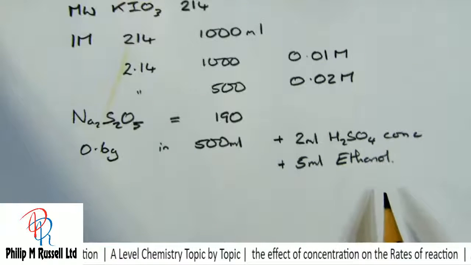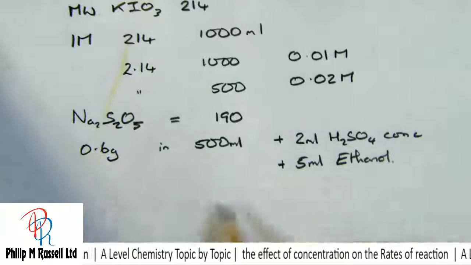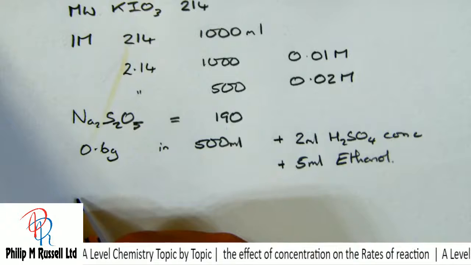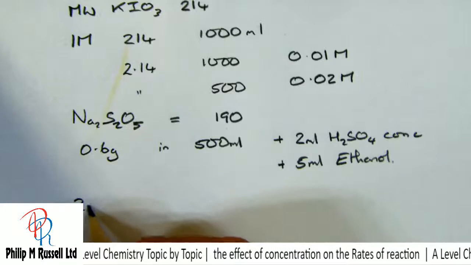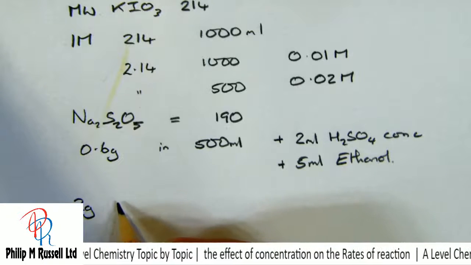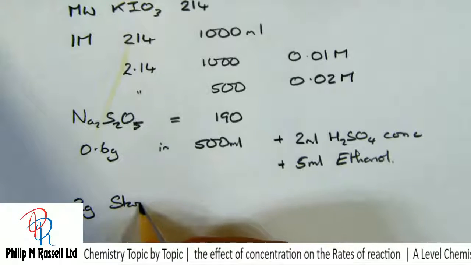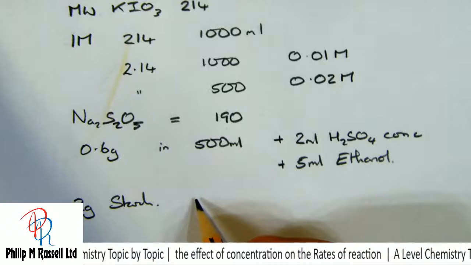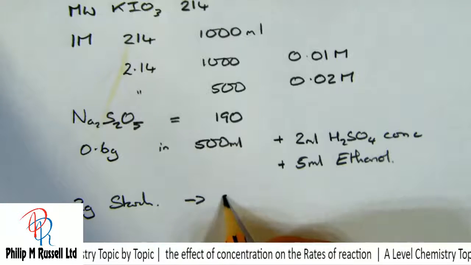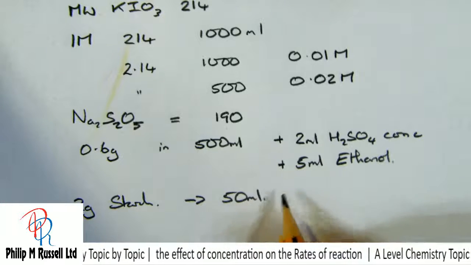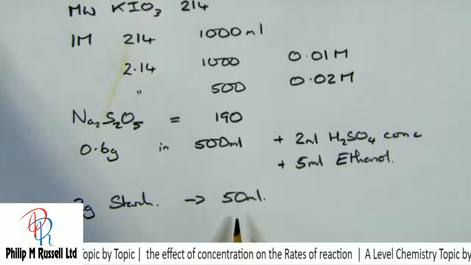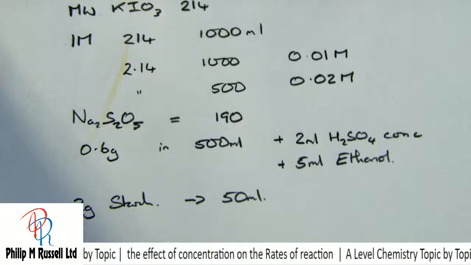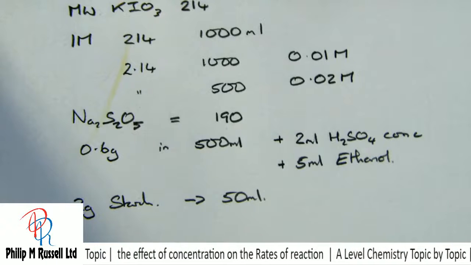So we've got the 2 solutions. We've also got a starch solution, and for that I made up about 2 grams of starch. I made that into a paste, and then I made that up to 50 mLs. So these are our different reactants ready for our experiment.